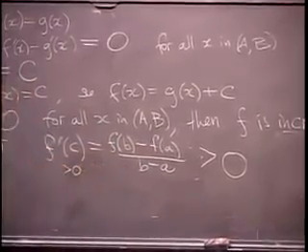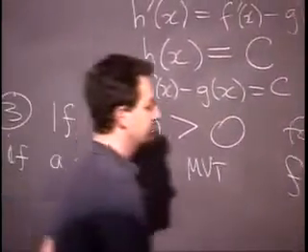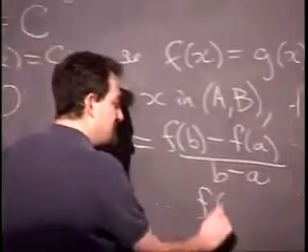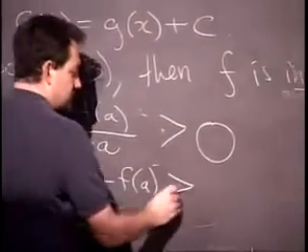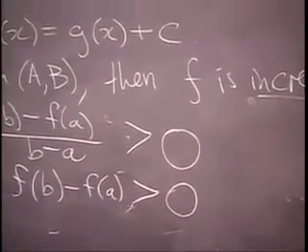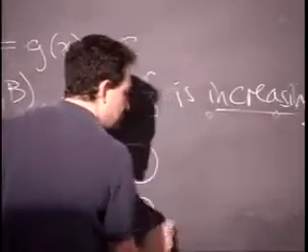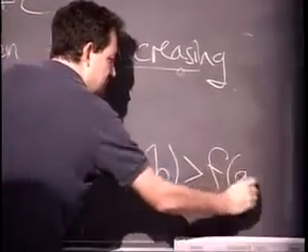And since b minus a is positive, after all, a is less than b, f of b minus f of a is positive. Or another way of saying this is that f of b is greater than f of a. So think about that for a second.